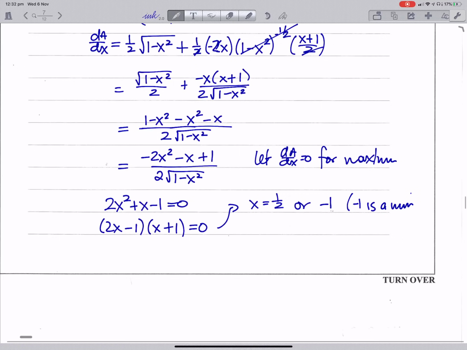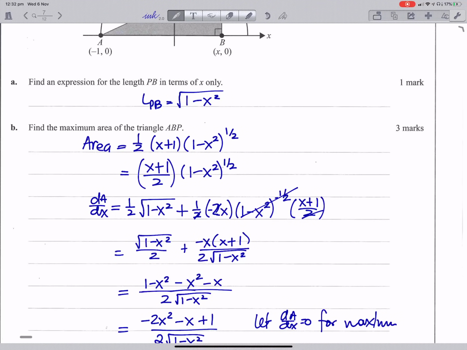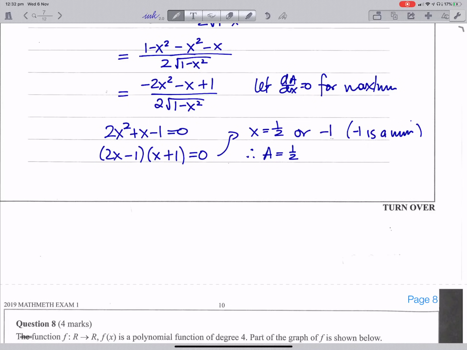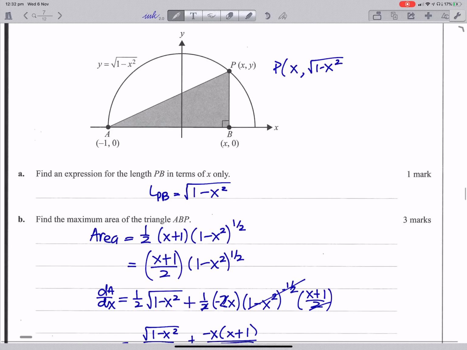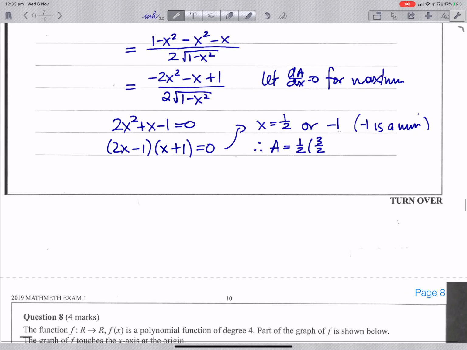Find the area. Okay, so therefore, area is, I'm going to put a half into this. 1/2 times 3 on 2, because when I put a half into that, 1 minus a half squared, which is 3/4, square rooted.